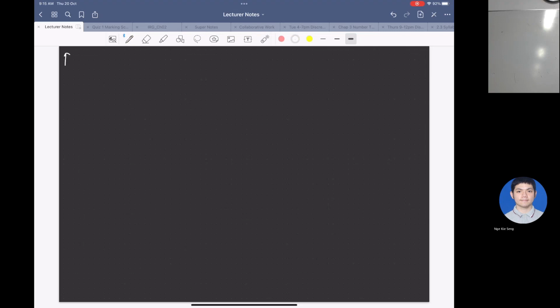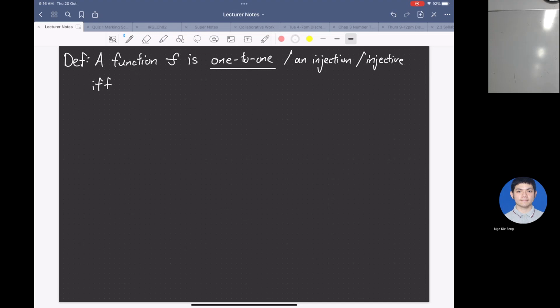First of all is the one-to-one property. So what's one-to-one? The function is one-to-one, or we call it an injection, or we call it injective, if and only if f(a) equal to f(b) implies the pre-images are the same, for all a and b in your domain.